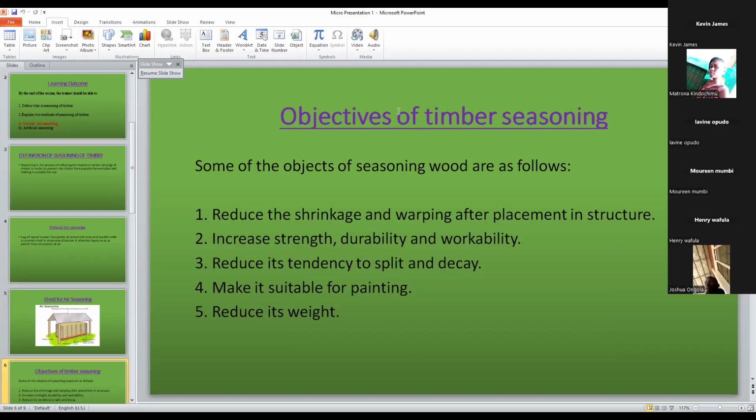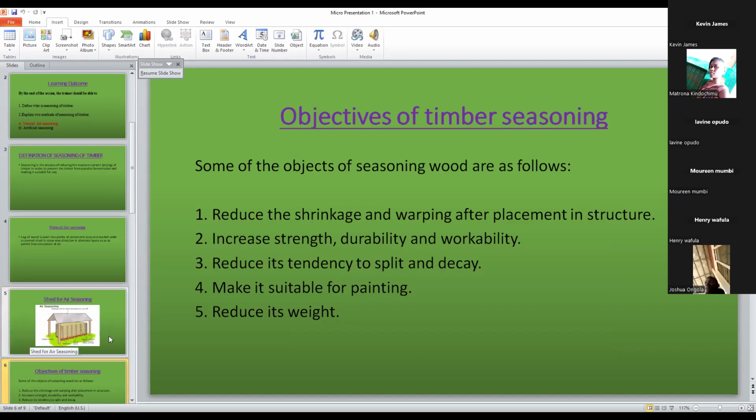Objectives of timber seasoning. Some of the objectives of seasoning wood are as follows. Number one, reduce shrinkage and warping after placement in structure. Number two, increase strength, durability, and workability.